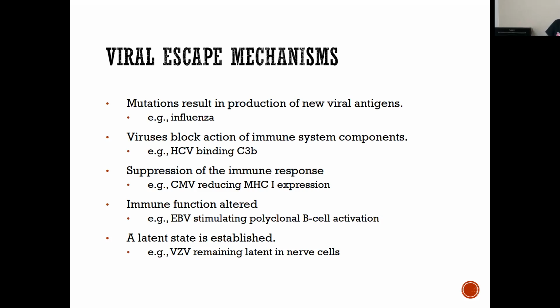And then some viruses can alter the function of certain cells of the immune system by directly infecting them. That's something new. Epstein-Barr virus, EBV. All right, immune function altered. So this is that number 4 up on the slide.